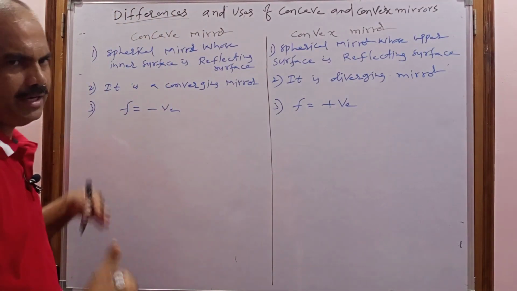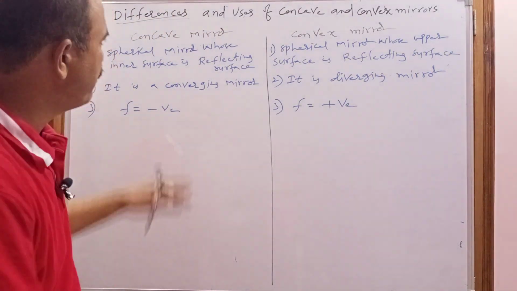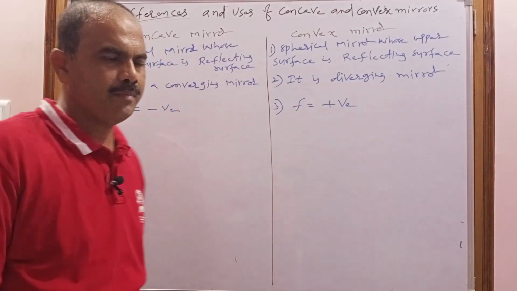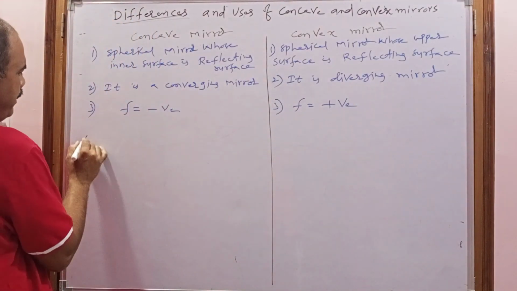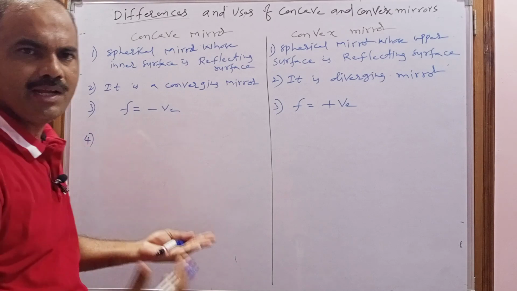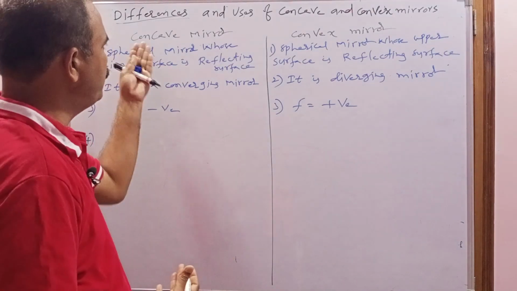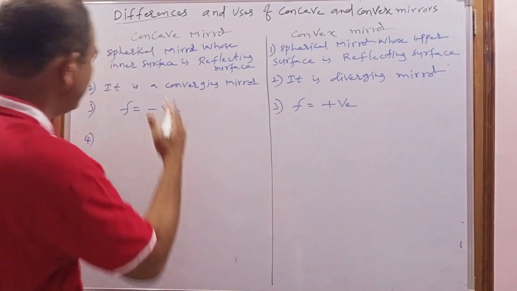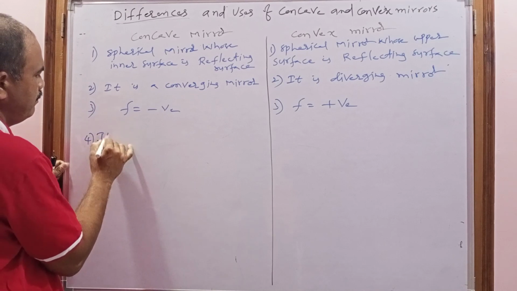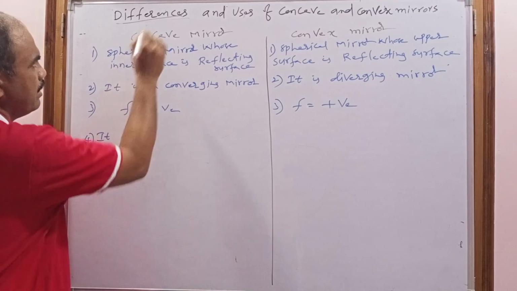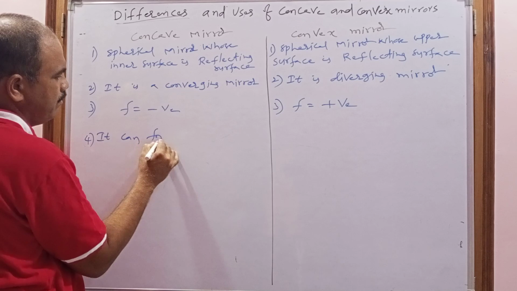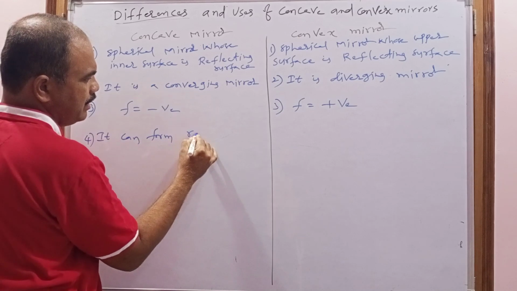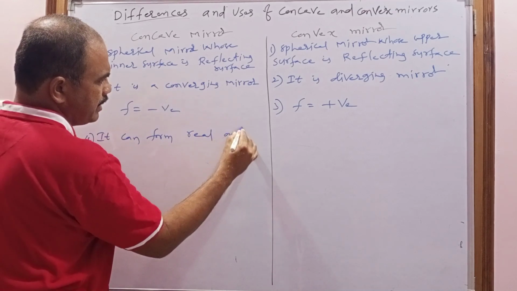And next come to the different types of images formed by the concave mirror and convex mirror. So which type of image forms? Concave can form both virtual and erect, and it can form real and inverted image.